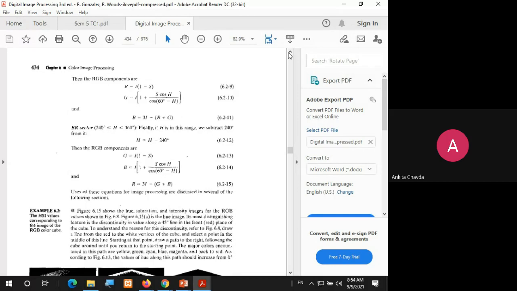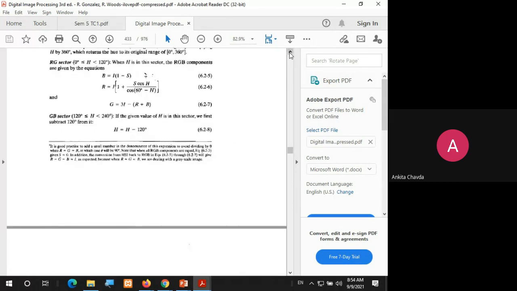Here you have considered the GB sector, green and blue. If it is between green and blue, that means 120 to 240 degrees. If we are considering the RG sector, red and green only, that would be between 0 and 120 degrees only. These three sectors we have considered, and we have the formulas.